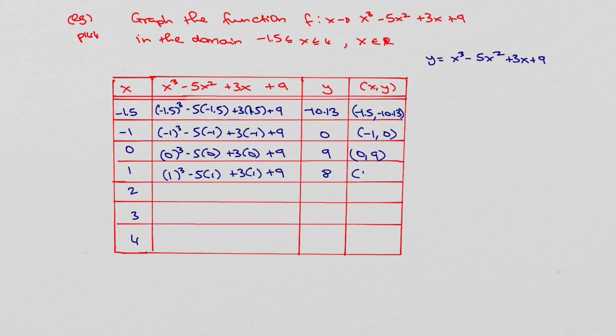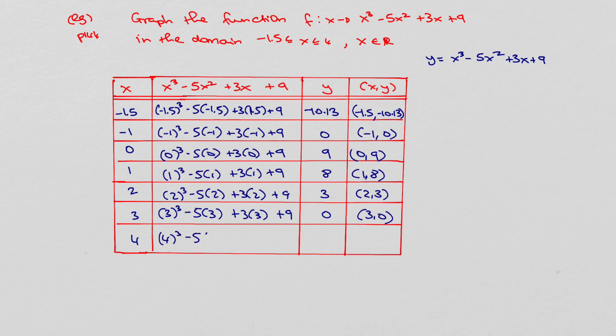If I sub in for 2, I end up with 3. If I sub in for 3, I end up with 0. And then if I sub in for 4, I end up with 5.